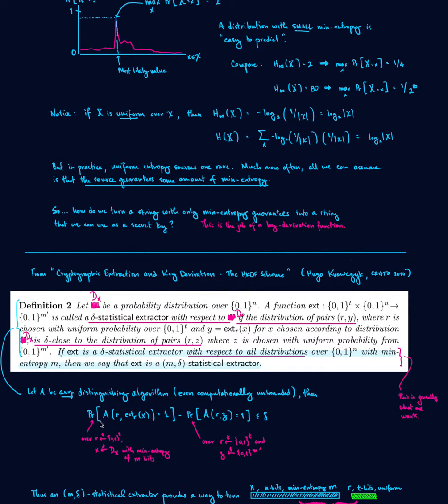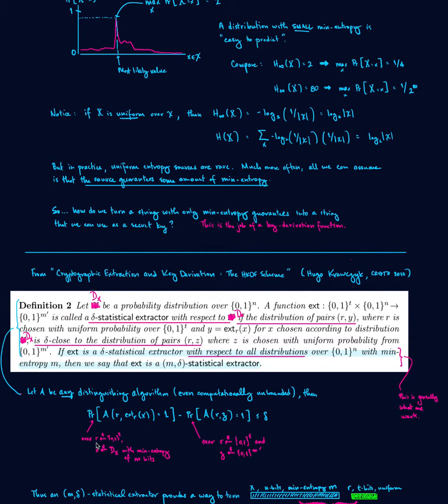Then this definition is saying the difference of probabilities of any test outputting 1, so think of 1 as having the semantics of I have this kind of output, when handed either the seed and the extractor output or the seed and a uniform string, the ability to distinguish between these two possibilities is at most delta.